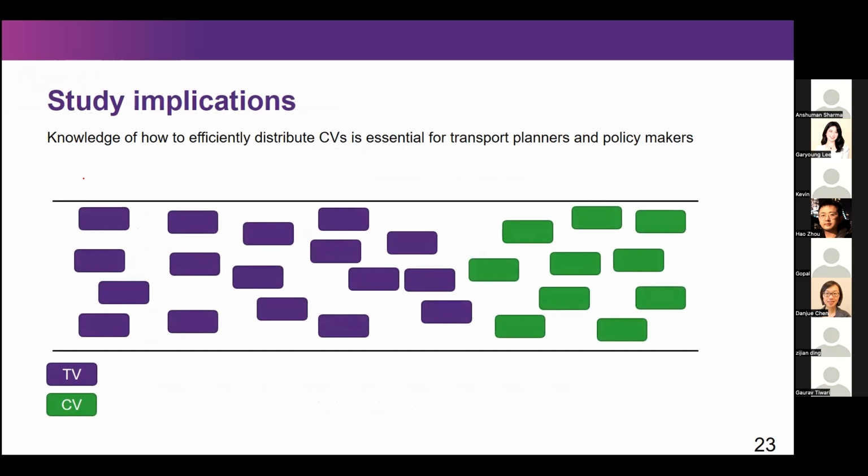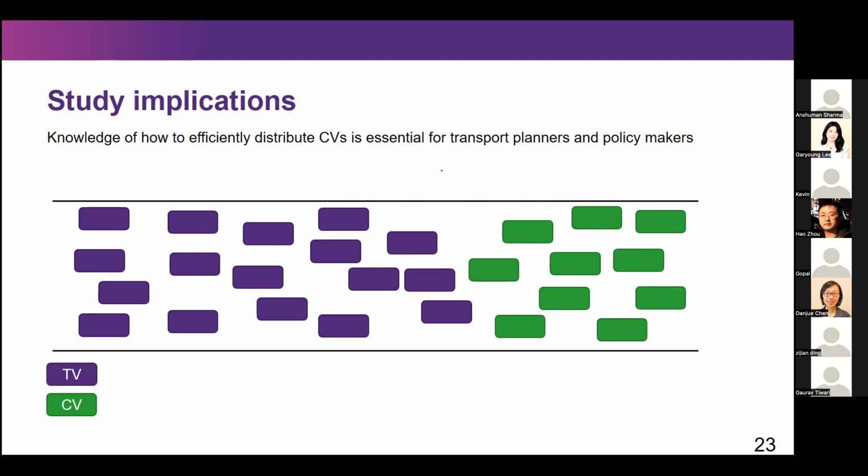So obviously, based on these simulations, the traffic stream will benefit if you have all the connected vehicles grouped together in one platoon, and we have put them intentionally ahead of the traffic stream, so that whatever negative impacts of deceleration or something ahead of them, they can bear it, and then they can diminish the congestion or the shock waves, and that will not have influence on traditional vehicles.